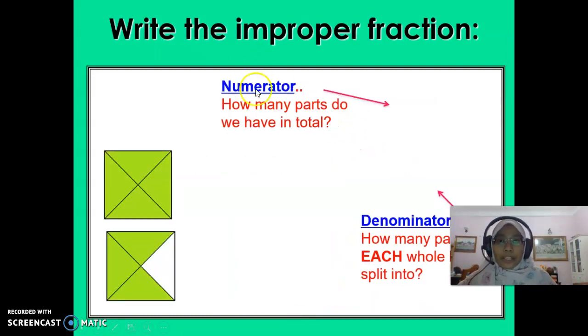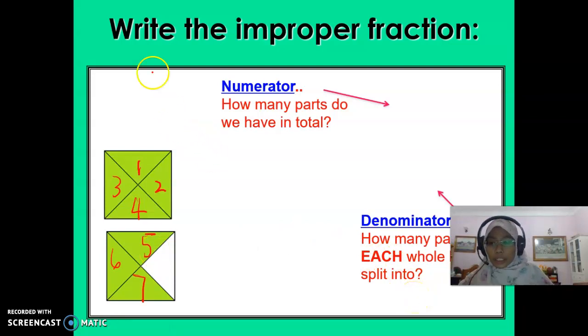Okay, numerator, how many parts do we have in total? Here, let's count together. 1, 2, 3, 4, 5, 6, 7. Okay, this one we don't have to count because it's not being shaded or colored. Okay, and then the denominator.